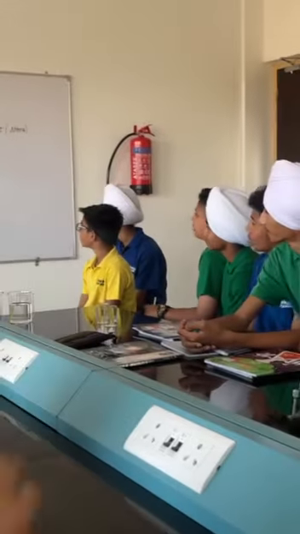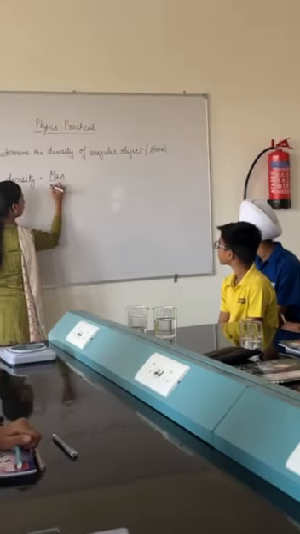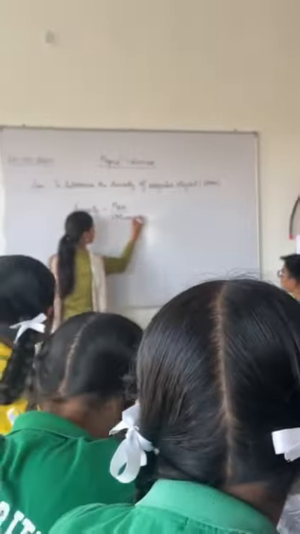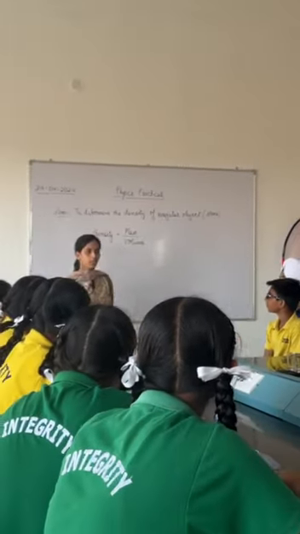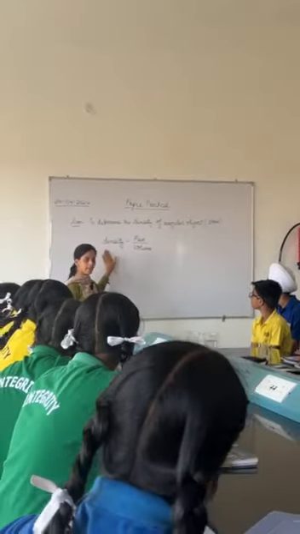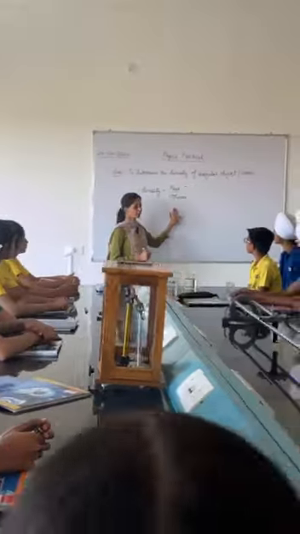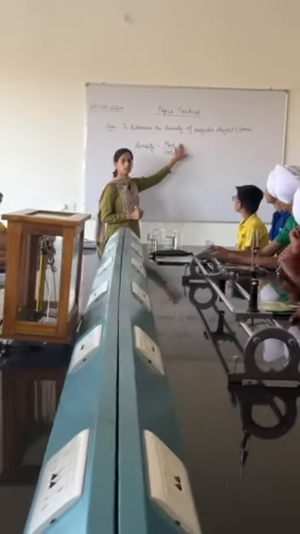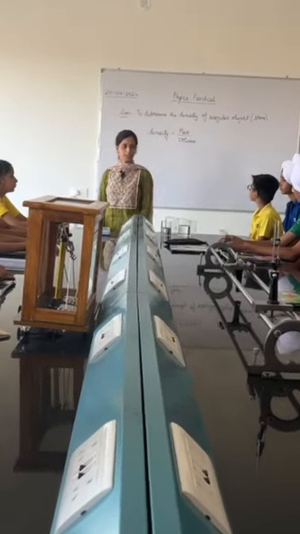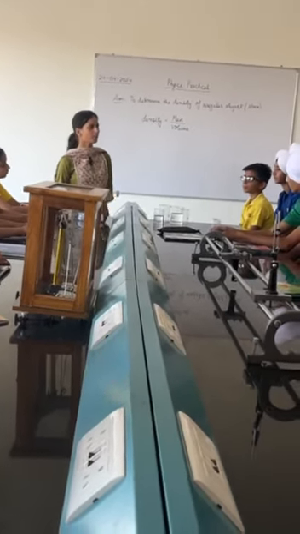Mass upon volume. To determine the density, we put the formula mass per unit volume. To calculate the mass, we have the weighing machine. But what about the volume of this object?